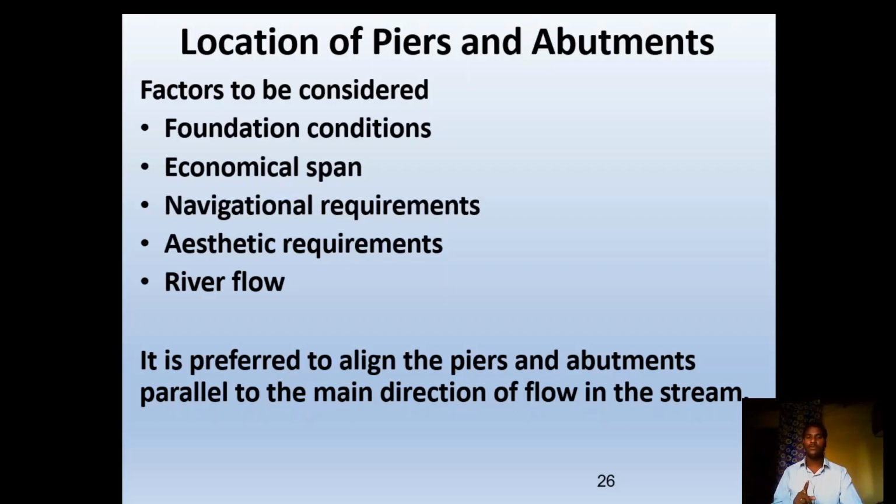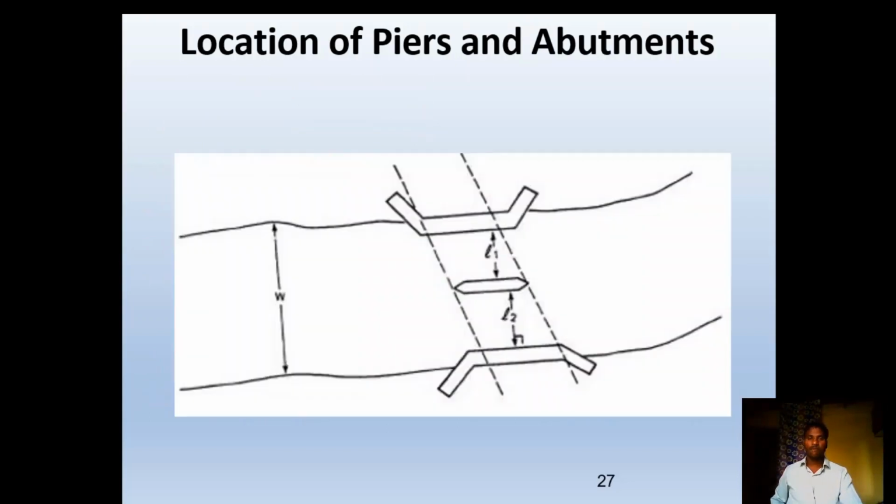It is preferred to align the piers and abutments parallel to the main direction of flow in the stream. This is important. Location of pier parallel to the main direction of flow.